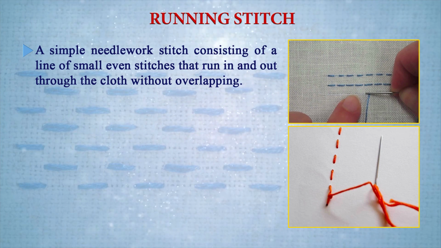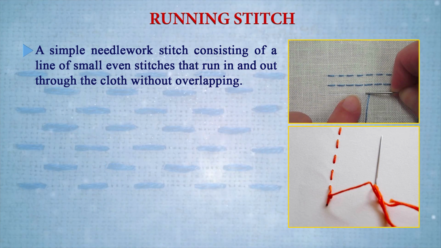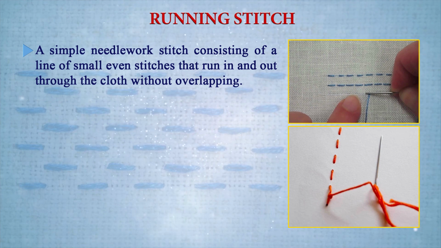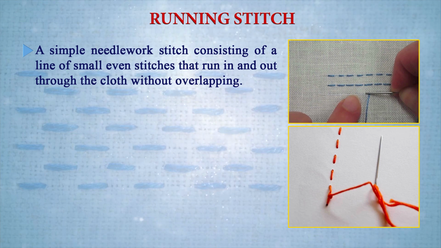So in the basting what we did, it is like back stitch, where we did one running stitch and another stitch overlapping. In the running stitch we do not overlap the first stitch we made.